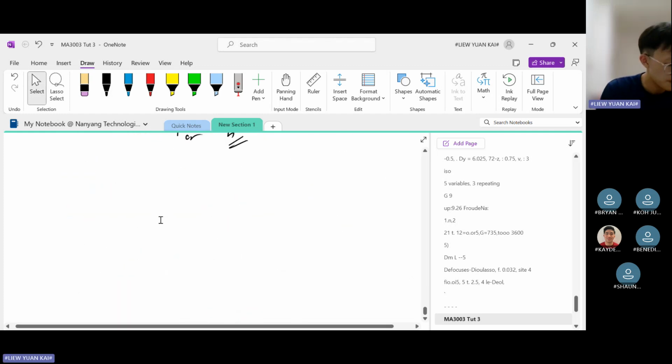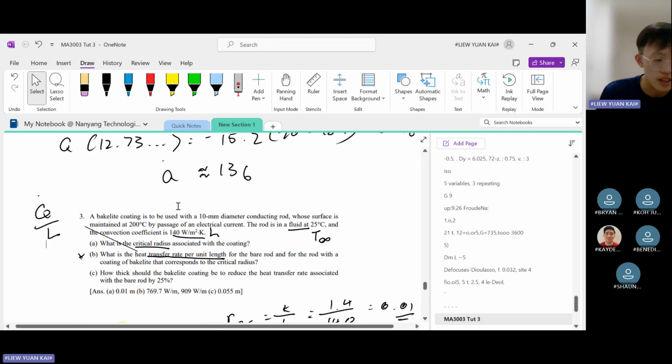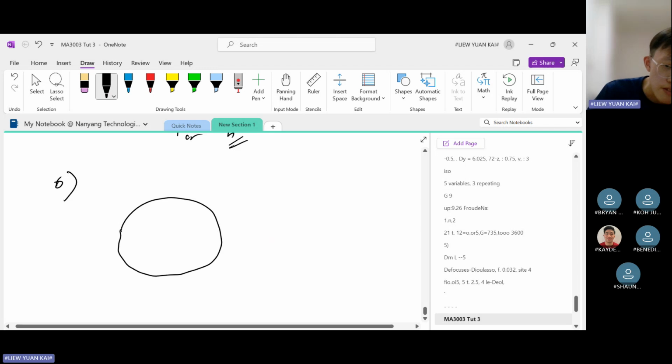Let's see what that means. Let's draw the picture out. This is the rod. This is the bakelite. This radius is 0.01.